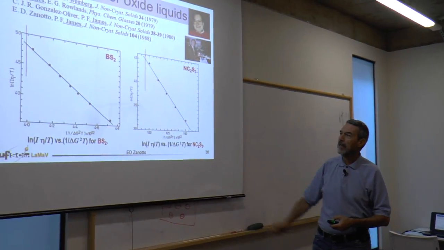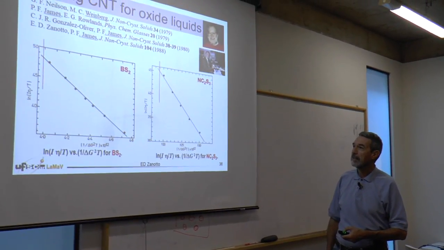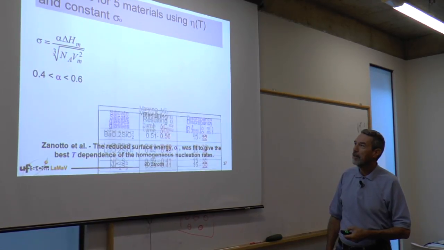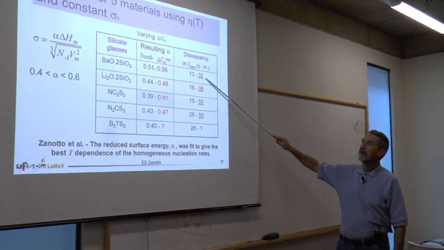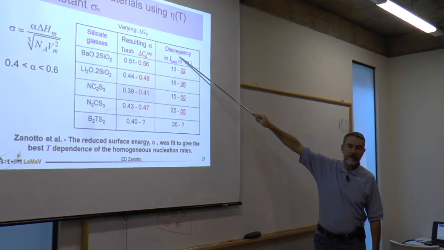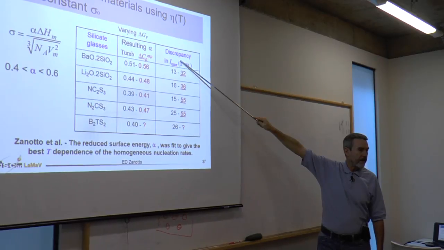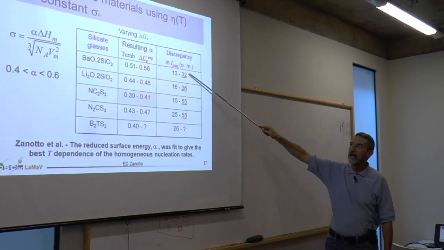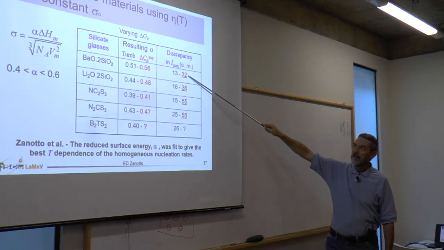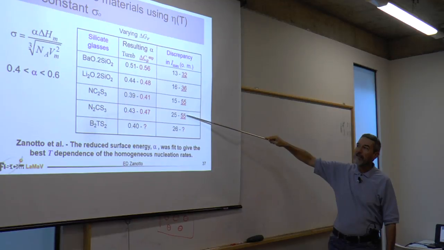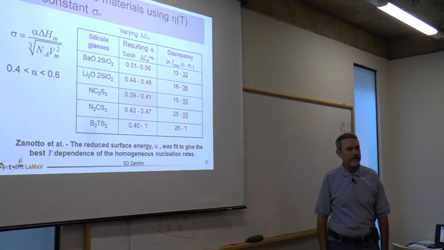And the straight lines are very nice over a wide range of temperatures, but the results are terrible. This is the discrepancy between the theoretically predicted and the experimental values of the nucleation rates. 32, 36, 55 orders of magnitude.